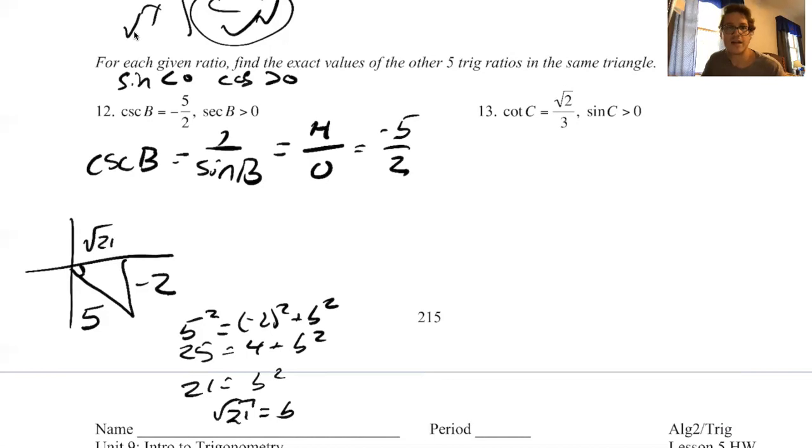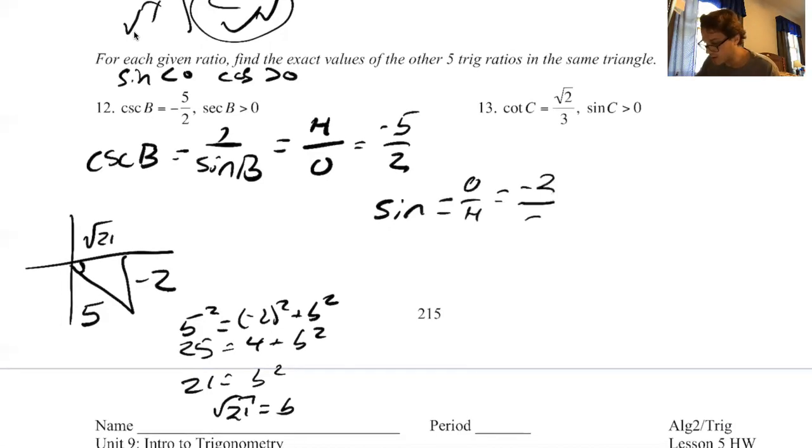And now we have all the sides of the triangle, so finding the other values of the trig ratios is easy. Sine of this angle is going to be equal to the opposite over the hypotenuse. So opposite here is negative 2. The hypotenuse is 5, or just the reciprocal of cosecant. That one's easy. It's basically for free.